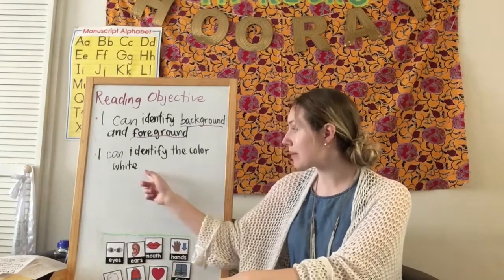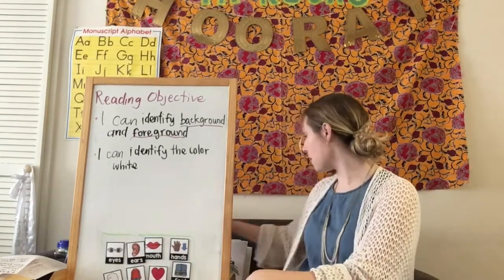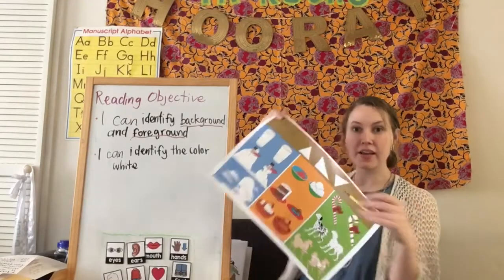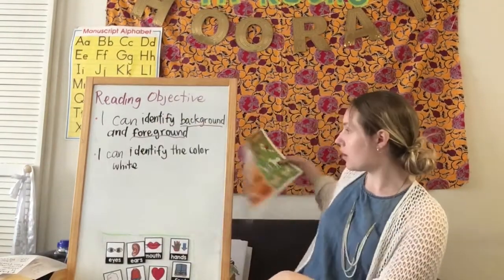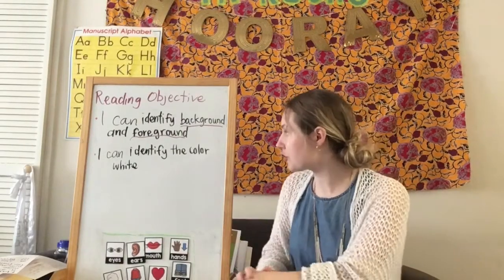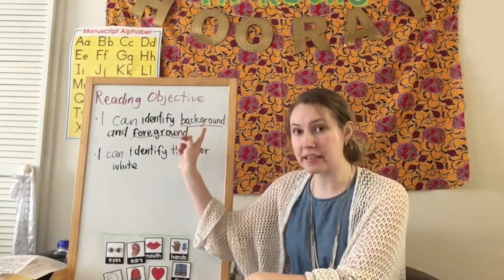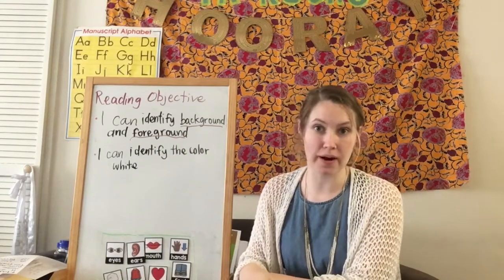So today we're going to be looking at our unit color, which if you remember our concept board here, we were talking about the color white and things that were white. We're also going to be looking at pictures where we're going to be looking at things that are in the background and the foreground.